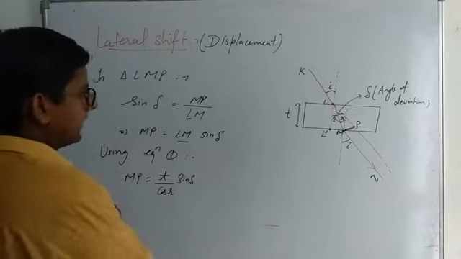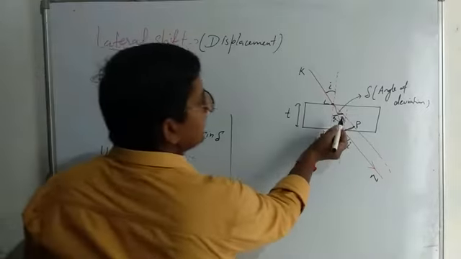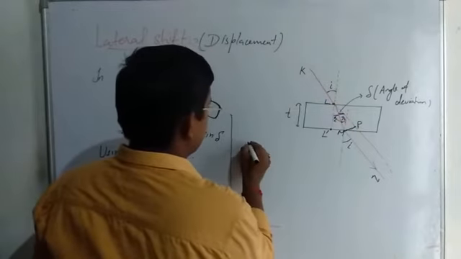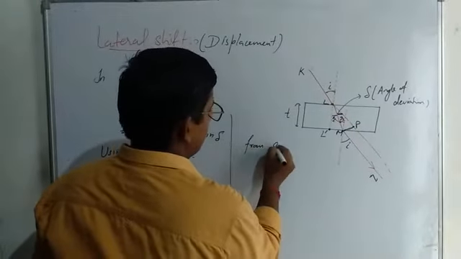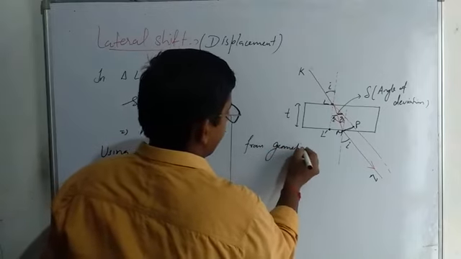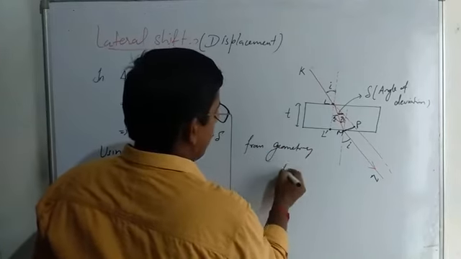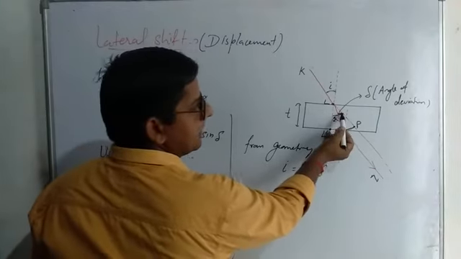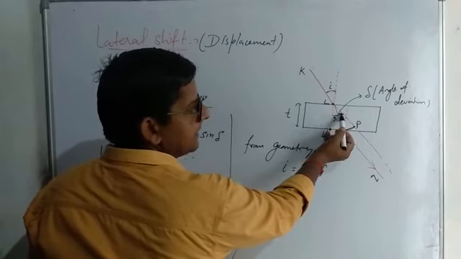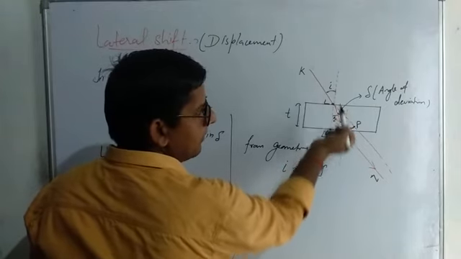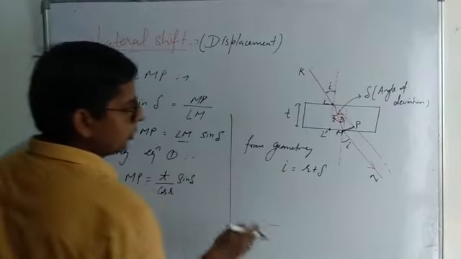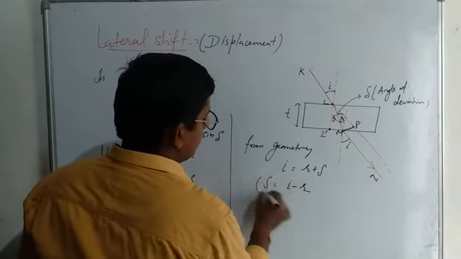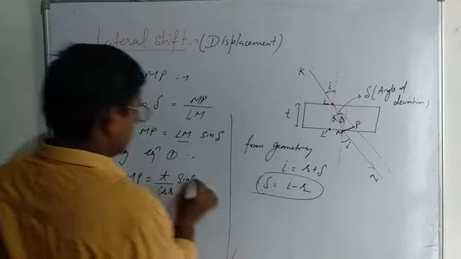Now from the geometry of this diagram, look here, this is I, and I is equal to R plus del. Listen: this is R, this is del. R plus del is equal to I because these are vertically opposite angles. So you can find here del is equal to I minus R. So you can use the value of del in this equation.